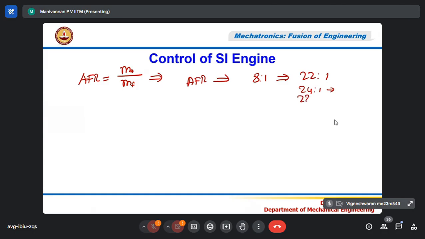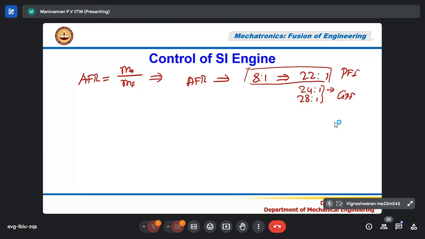In a GDI engine, it can go up to 28:1, 24 to 28 in the case of GDI. In PFI, the port fuel injection system, the air-fuel ratio will be maintained only in this range. Generally, going beyond is very rare. Most of the time, it can be 10:1, 9:1 to 20:1. So air-fuel ratio has to be maintained.